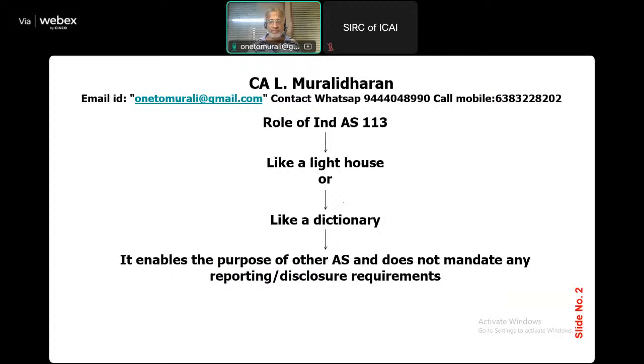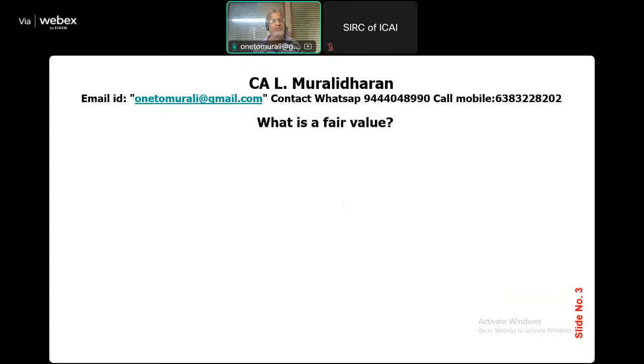Any accounting standard for that matter will have recognition, measurement, reporting and disclosure. This one talks about measurement and before that recognition, but it does not cover reporting and disclosure. What is generally to be considered as fair value?